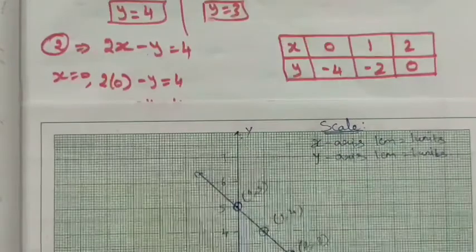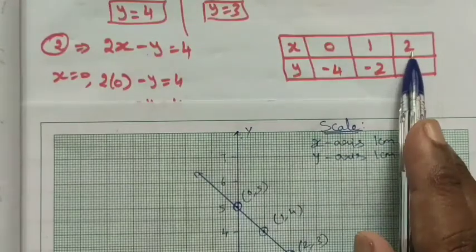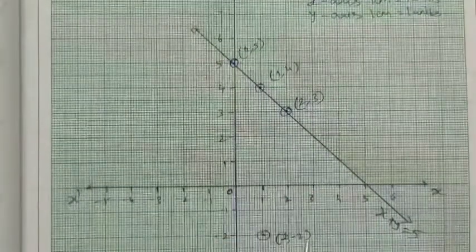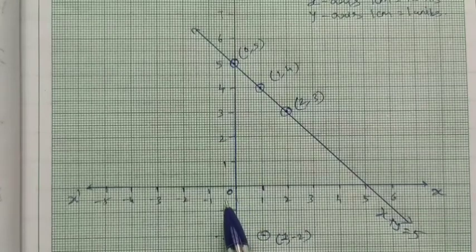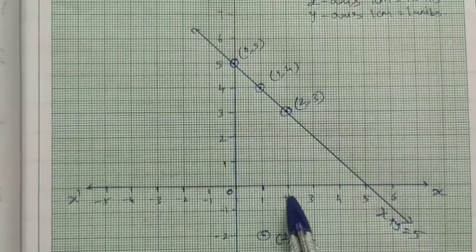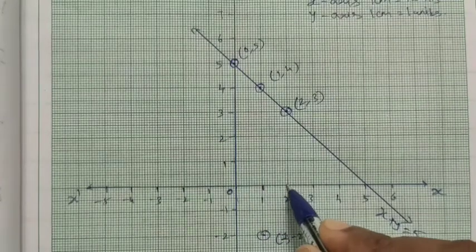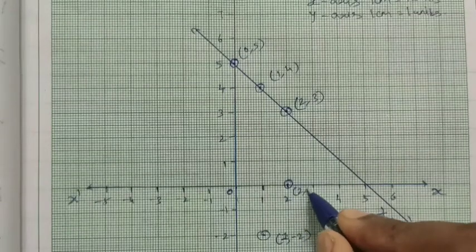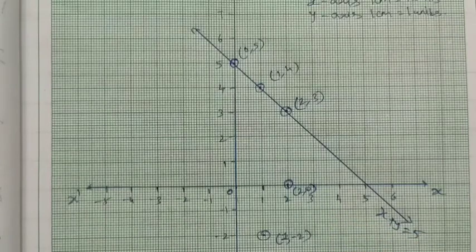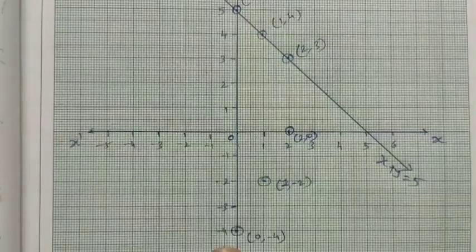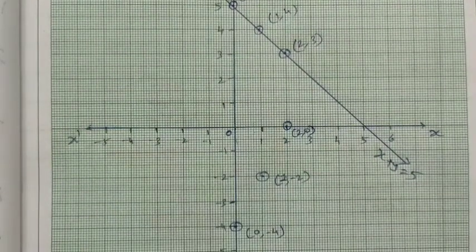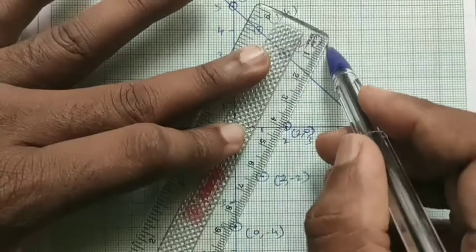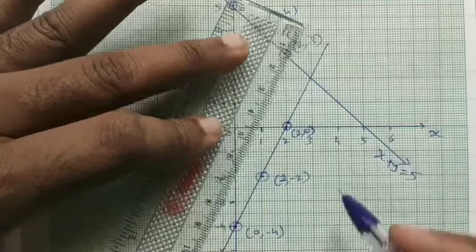And then the third point is x equal to 2, y is equal to 0. Y is equal to 0 means the point lies on the x-axis. This is the point 2 comma 0. Now joining these 3 points, we draw a straight line.